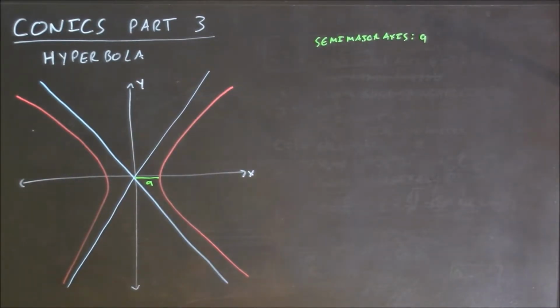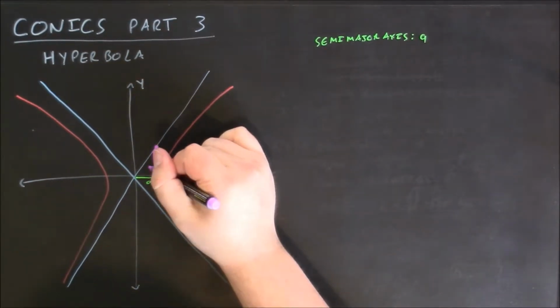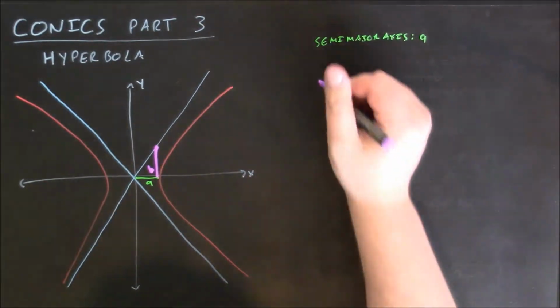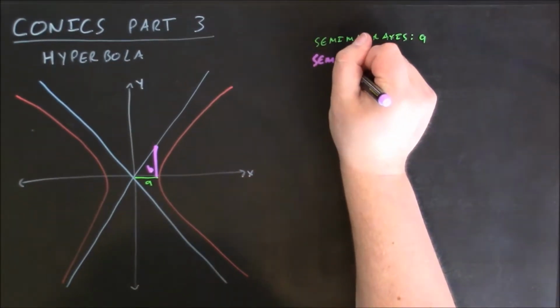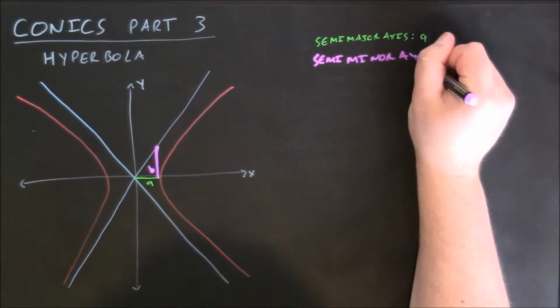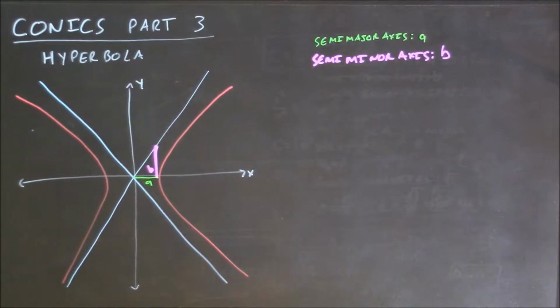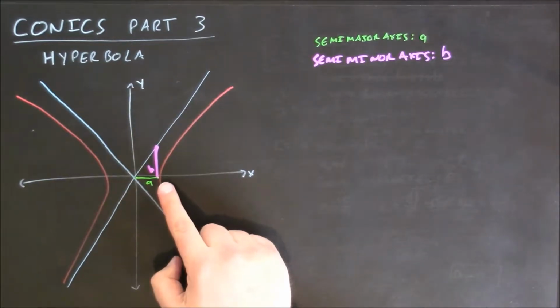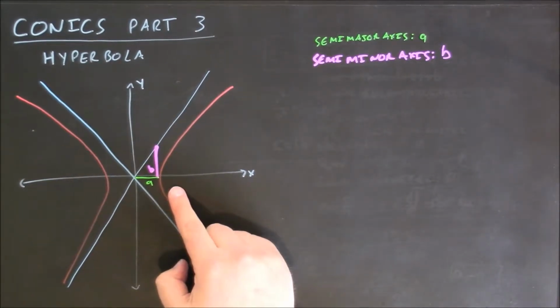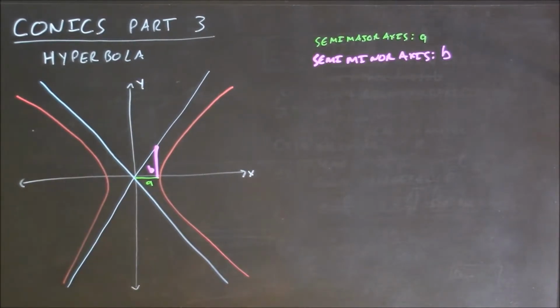Next, we can define what is known as line B. Now B is the semi-minor axis. And it is drawn such that it is both tangent to the curve of the hyperbola and parallel to y.